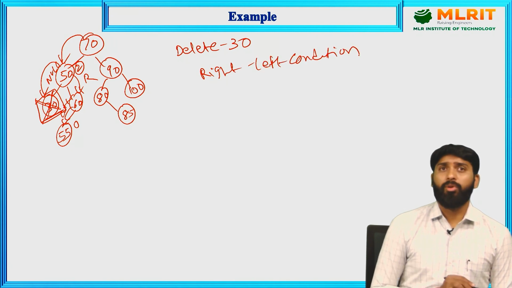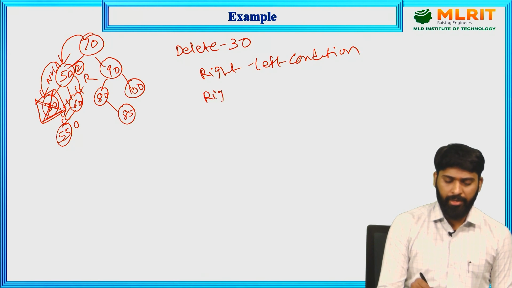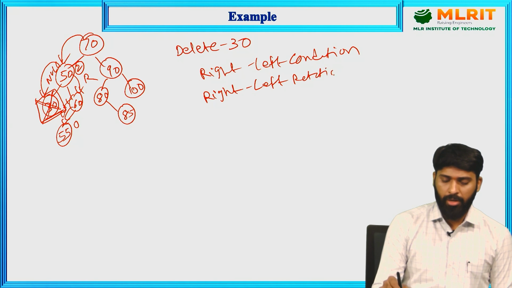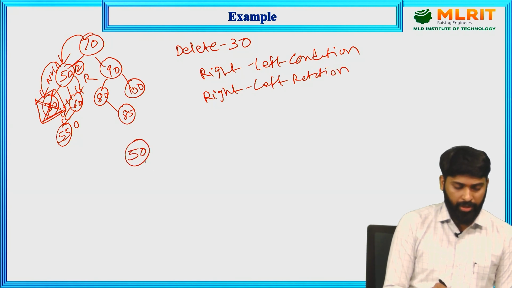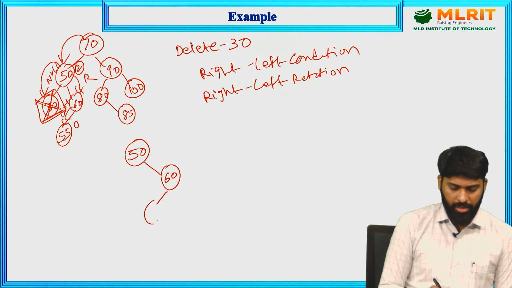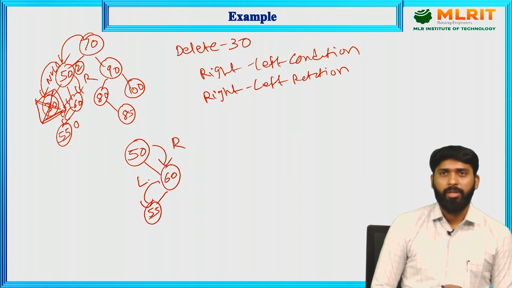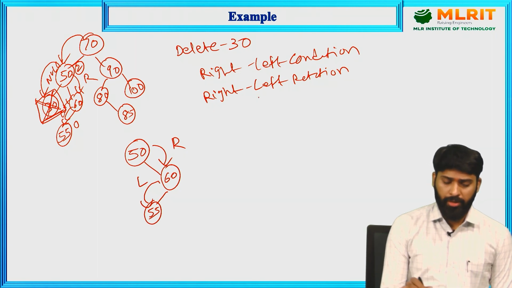So the rotation is also right, left rotation. Okay, what are the elements? 50, 60, 55. So this is the right, and this is the left. So the rotation is right, left.